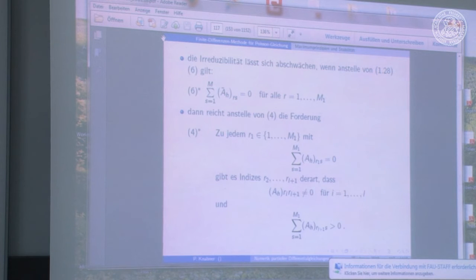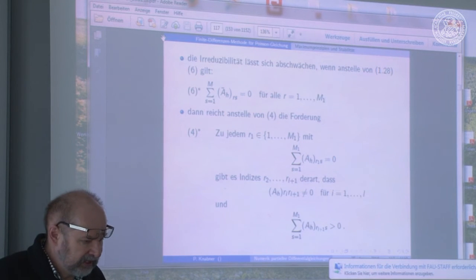It's not possible to reformulate by reordering the equations and the unknowns the system in a block, say upper triangular fashion, so that we can first compute a part of it, and with this knowing the part of the solution, we can compute the rest. This, of course, would be quite nice to split a problem like this, but irreducibility means that it's not possible.